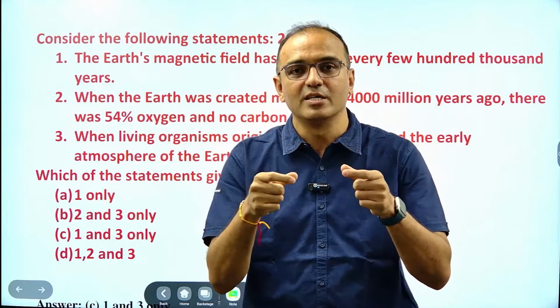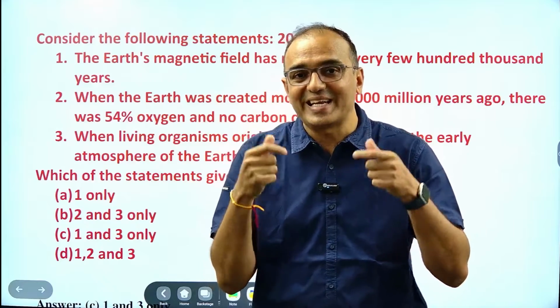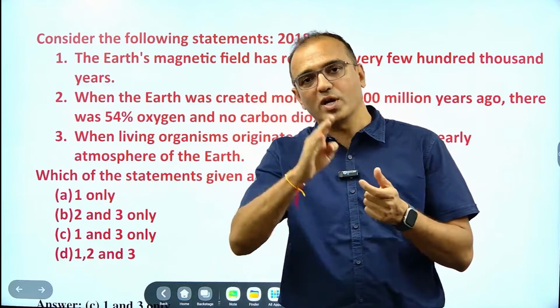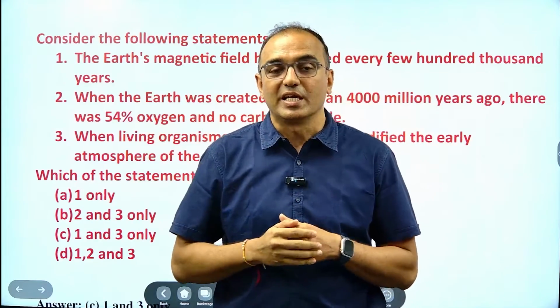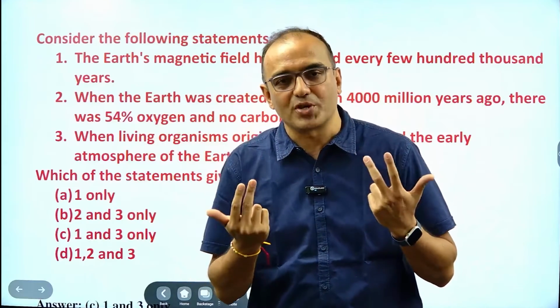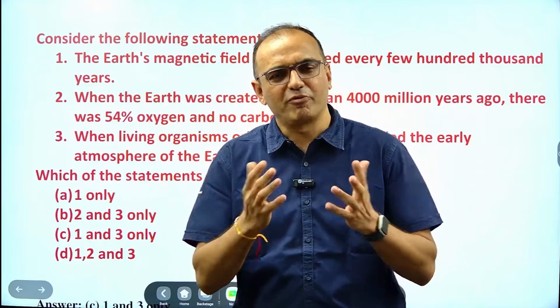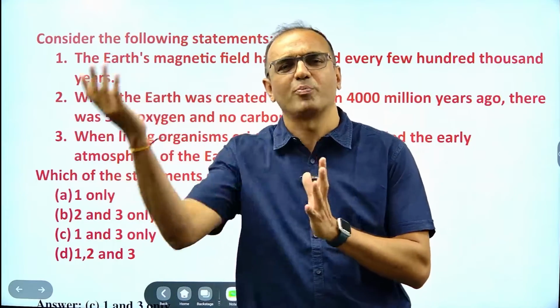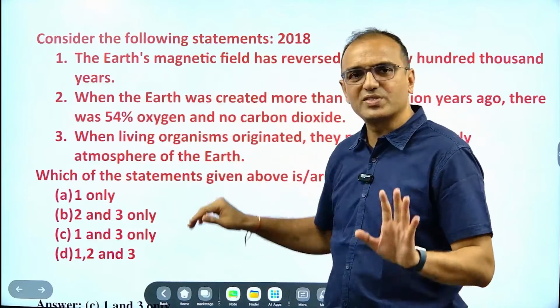If you study the magnetic alignment of the Earth over a geological time scale, it is proven that these poles change their position every 100,000 years, after a long period of time, right? So the first statement is correct.